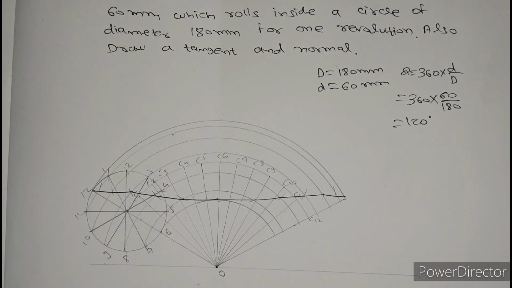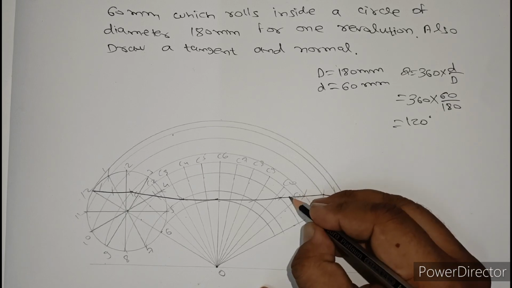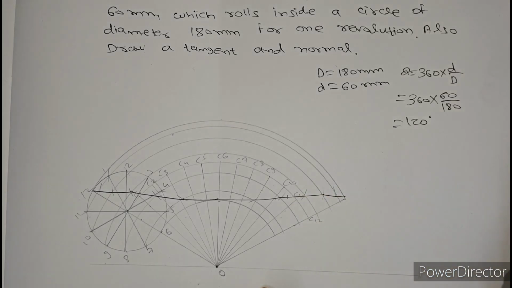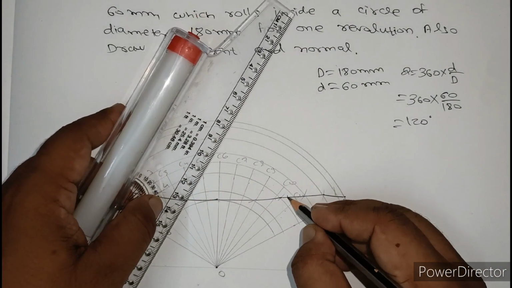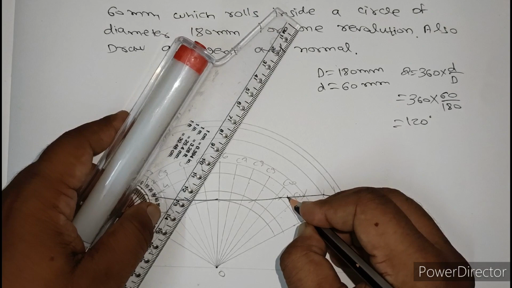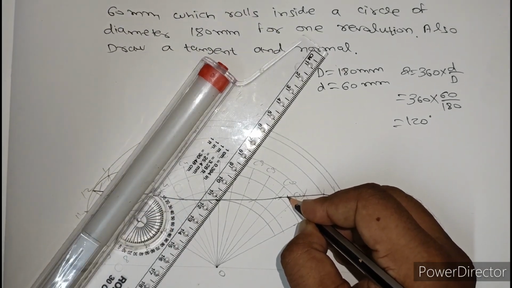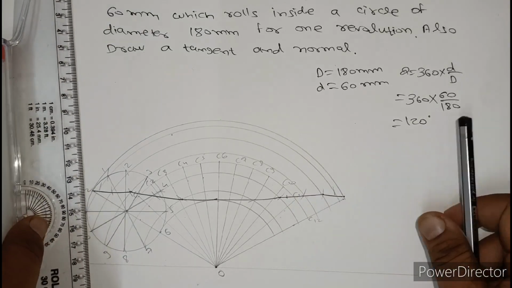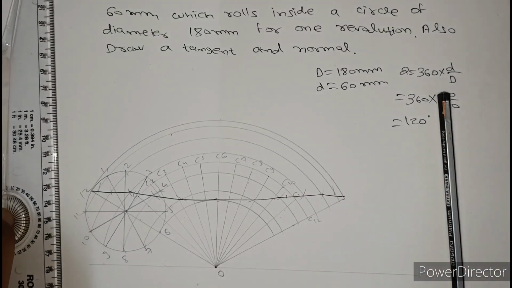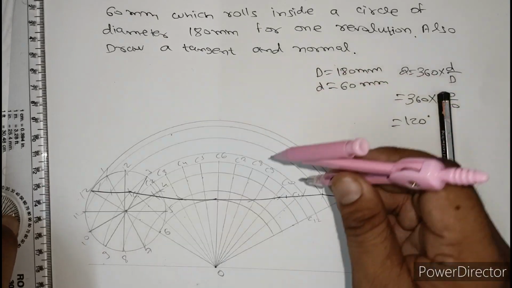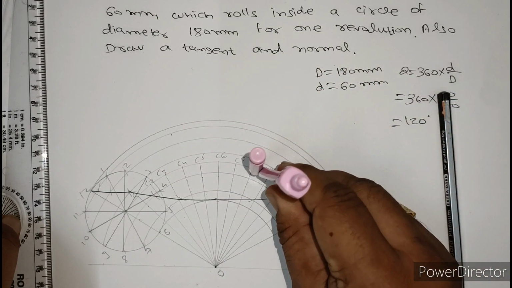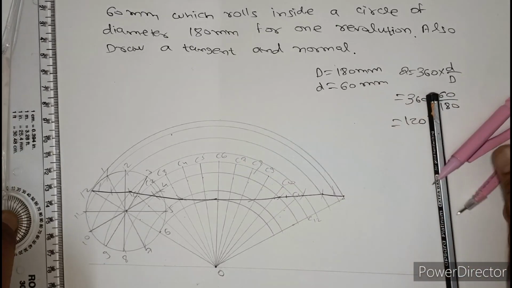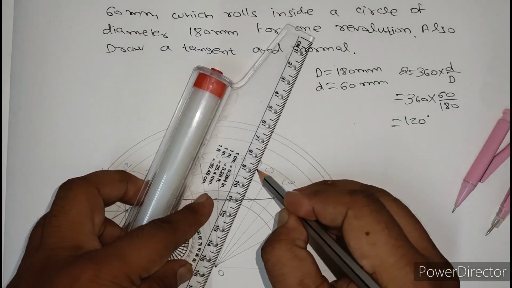Okay, now students, if you want to draw a tangent and normal, you can take any point on the curve. Then you have to join this point. Okay, suppose we have taken this point. Now take the radius and make an arc from this point on the center line. Then join this point.